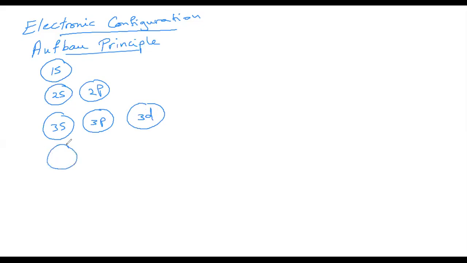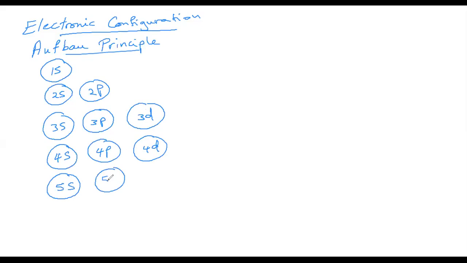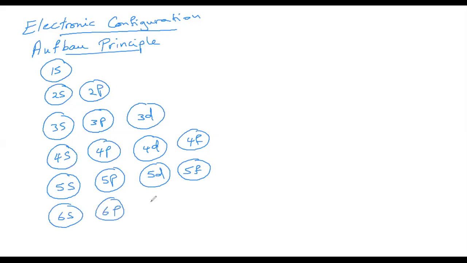In the fourth shell we have 4s, 4p, 4d, and also 4f. In the fifth we have 5s, 5p, 5d, and 5f, then we have 6s, 6p, 6d, and we have 7s.